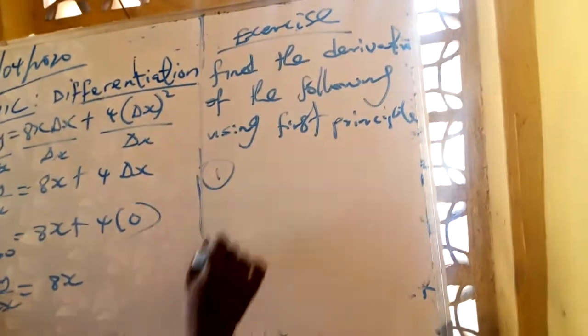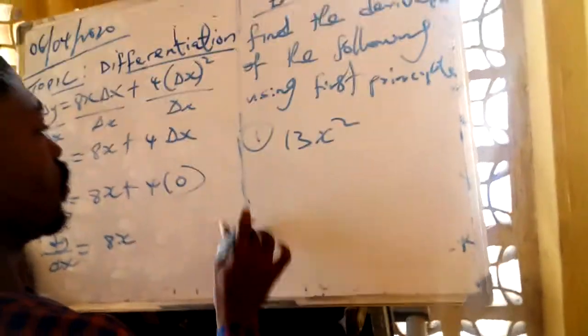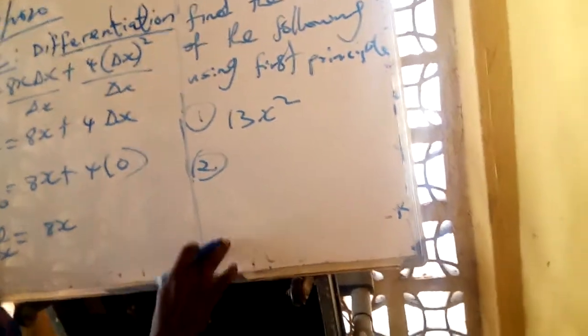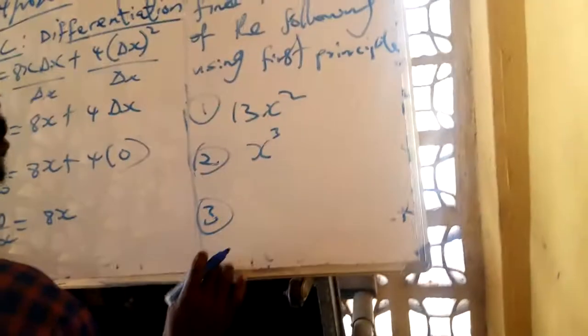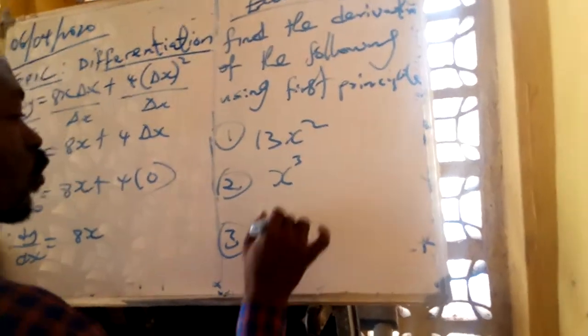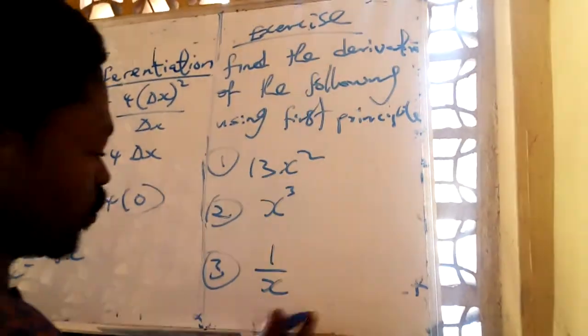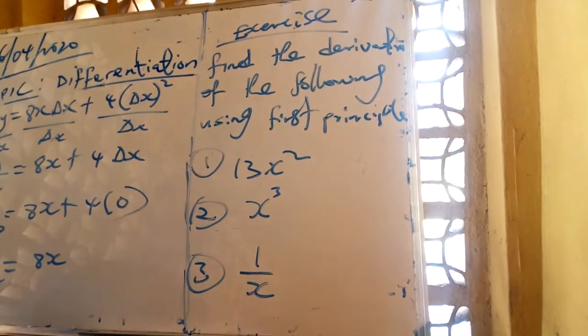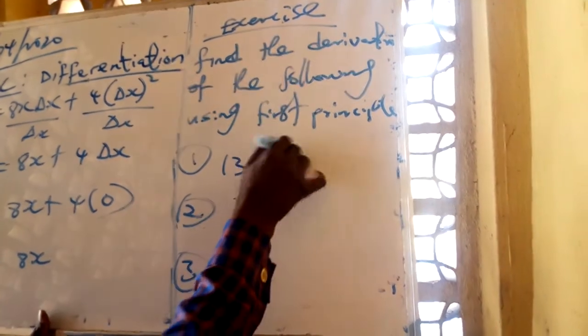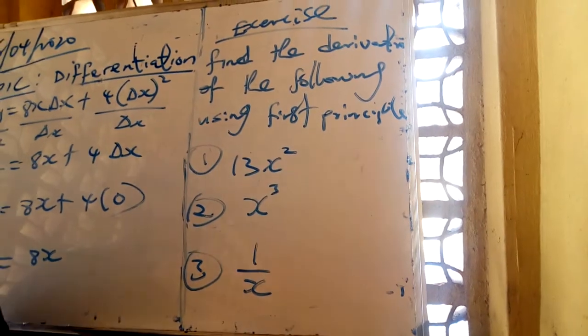Number 1, you have 13x squared. Number 2, you have x raised to the power of 3, and number 3, you have, let's say, 1 over x. So unfailingly, I want this problem to be solved and submitted on the platform. Thank you very much.